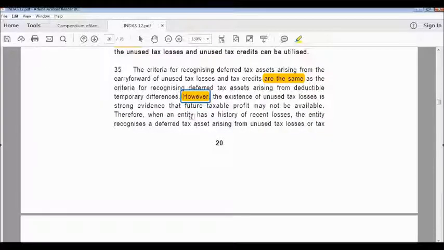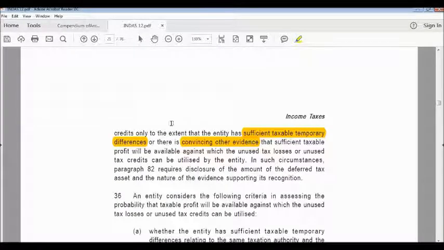Therefore, when an entity has a history of recent losses, the entity recognizes a deferred tax asset arising from the unused tax losses or tax credit only to the extent that the entity has sufficient taxable temporary differences, or there is other convincing evidence that sufficient taxable profit will be available against which the unused tax losses or unused tax credit can be utilized by the entity.